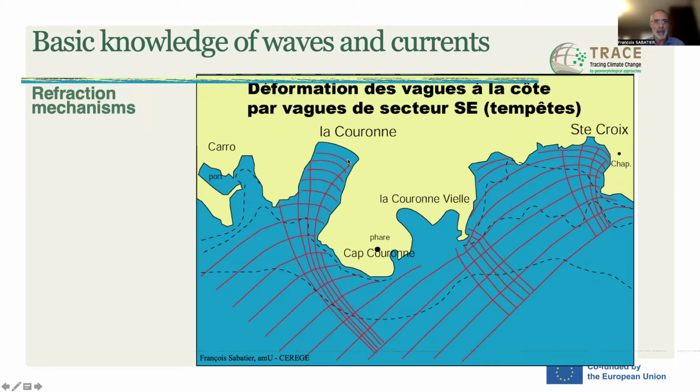So here there is less energy because the distance between the two orthogonals is greater than here. And it is the opposite in this part. So this is why in this part the wave height will be higher, and in this part the wave height will be lower.